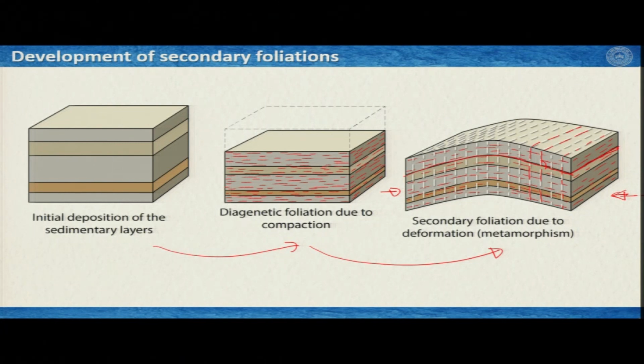They do not necessarily have to always be at an angle, they can be parallel as well, but we will see this later, what happens if the secondary foliation and primary foliation are parallel to each other.